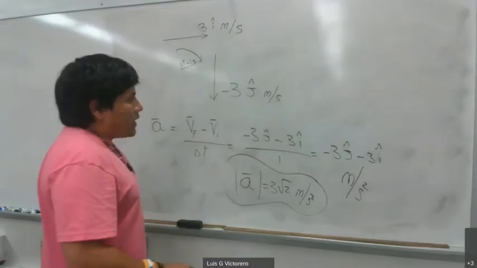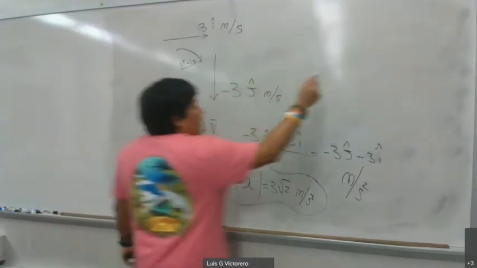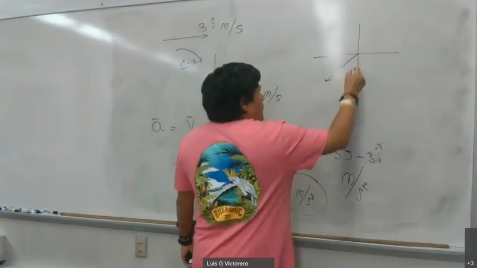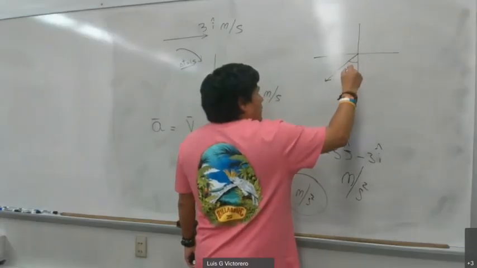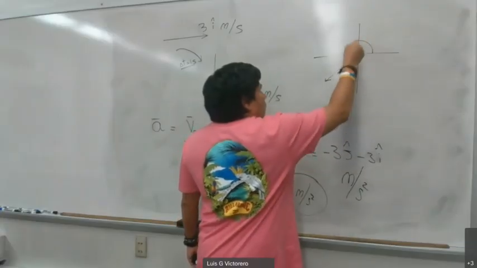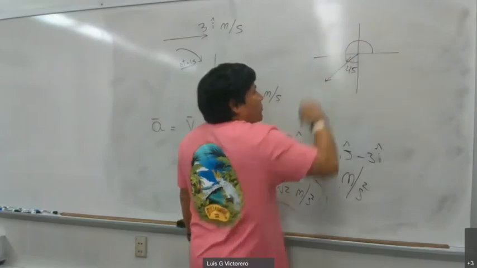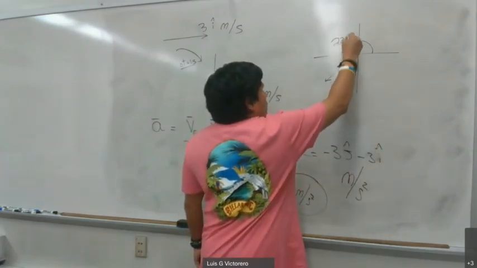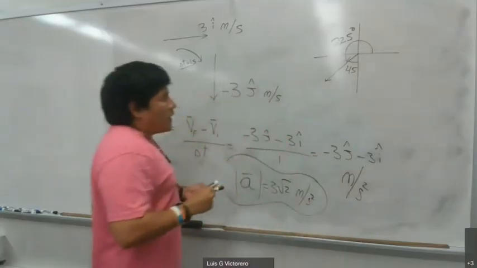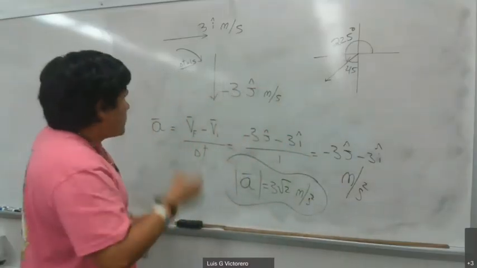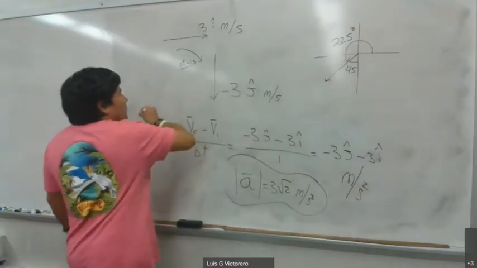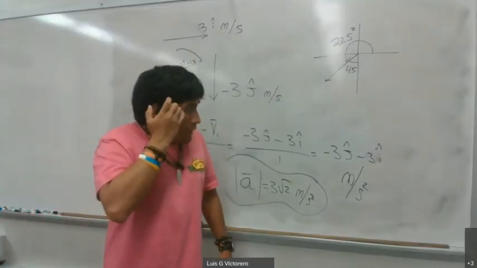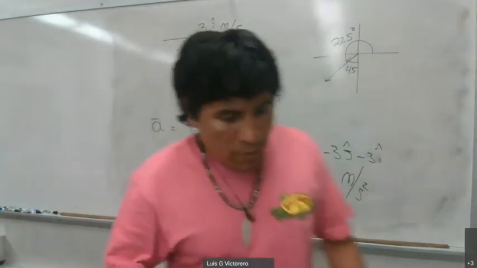The direction of the acceleration will be 45 degrees with respect to the vertical, or 45 plus 180 is 225. So, I mean, that makes sense, right? The acceleration will be. So, that's the whole idea of changing directions, all right?